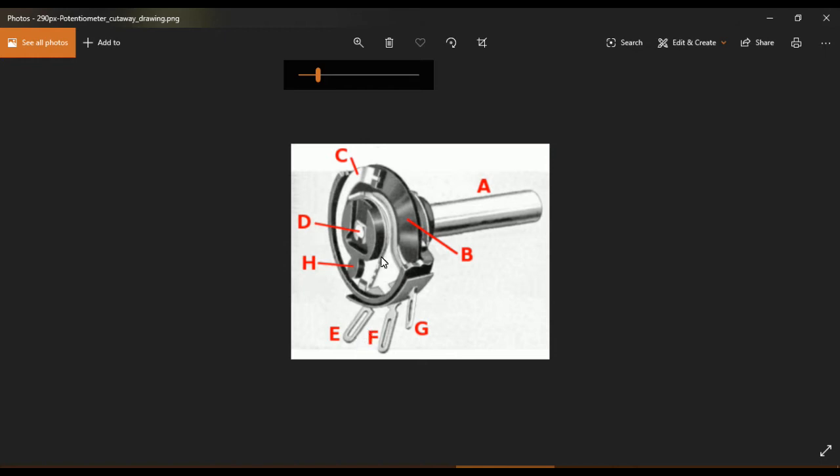If you rotate the shaft clockwise, that means wiper is closer to E. The wiper is connected to the F terminal, so the EF resistance value will decrease. Accordingly, the FG resistance value will increase, and vice versa.